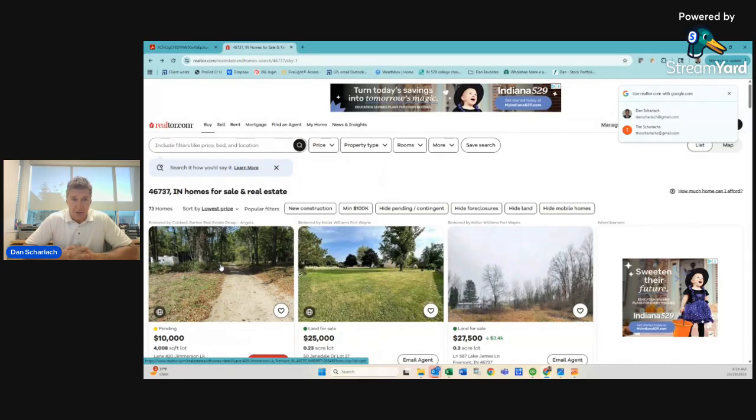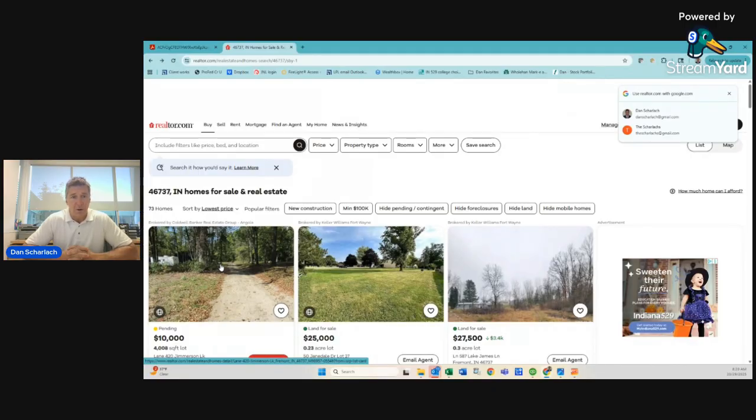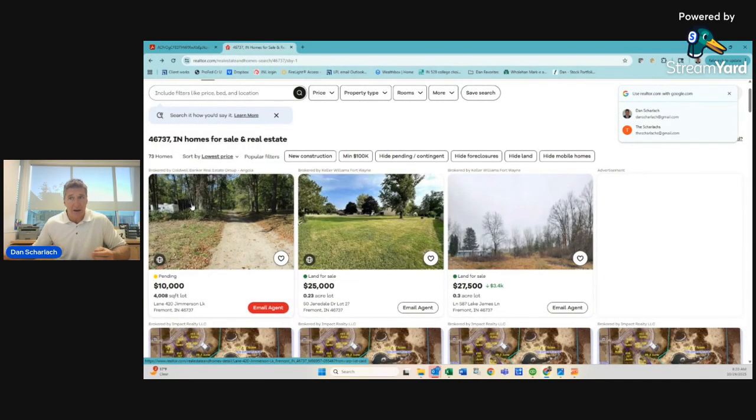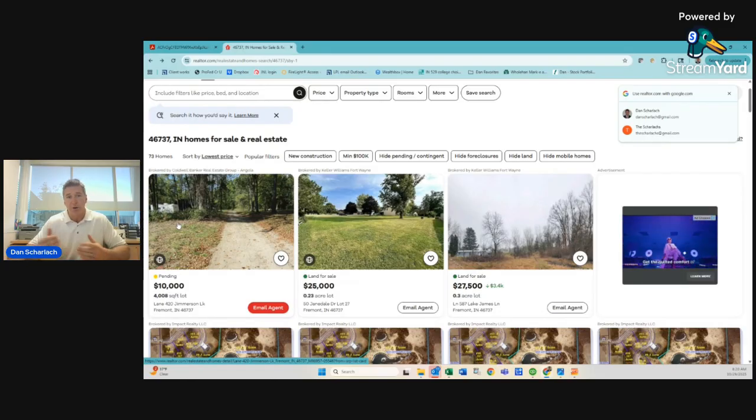I know it's a trailer park, but I know the market in there would still justify a sale of a starter oriented home. There's one that recently sold and it ended up nice. There's a lot of new houses going in this area. You've got to know your local market.